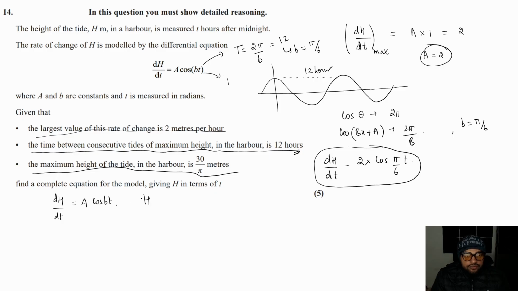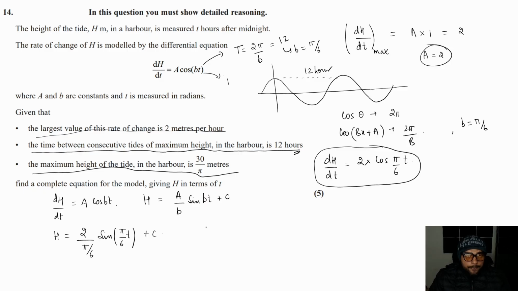If we integrate it, we'll get a by b sine of bt plus c. So h will be equal to a by b, where a is 2 and b is pi by 6, sine of pi by 6 t plus c.